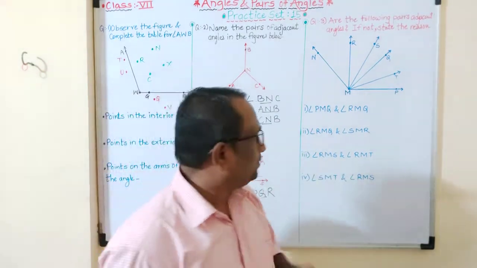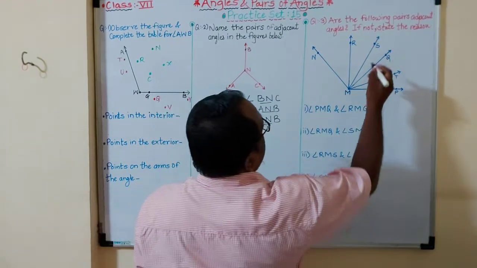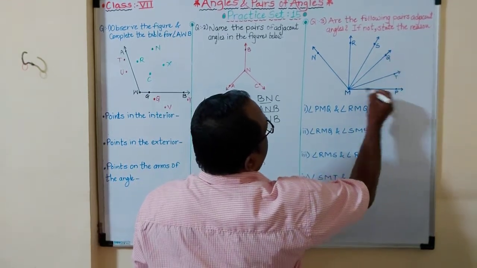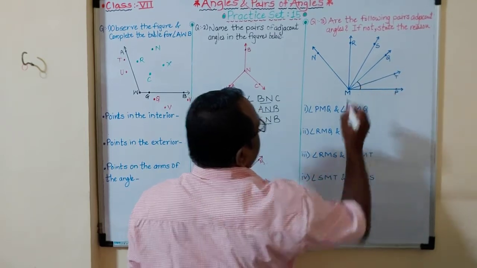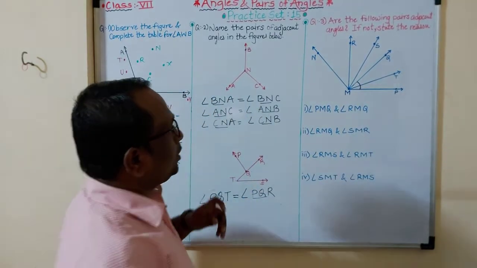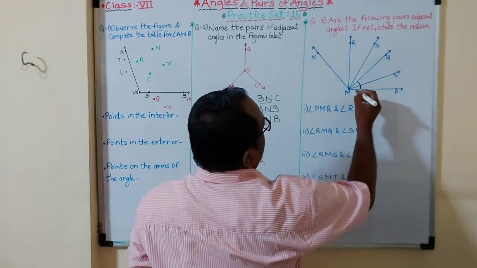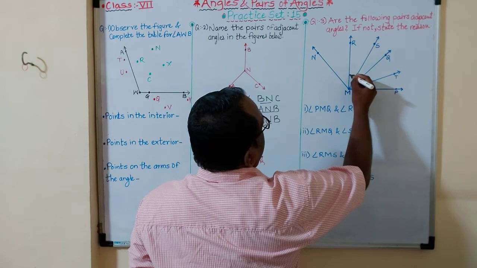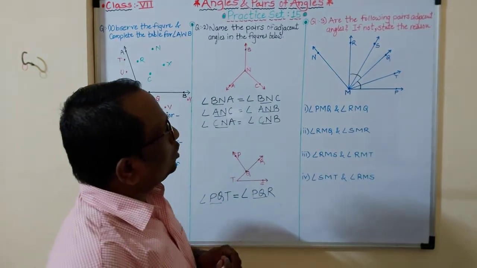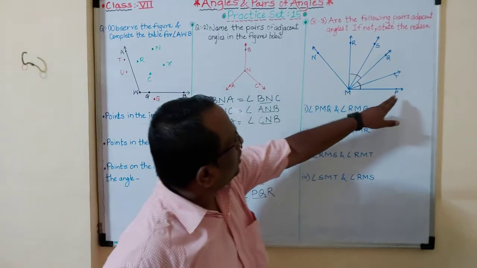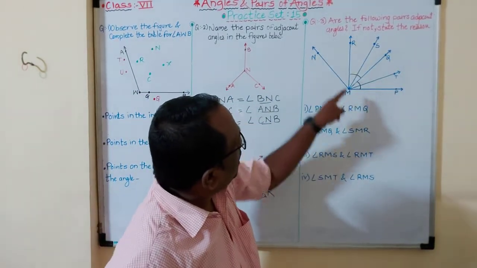Let's see the first one. Angle PMQ. Where is angle PMQ? P, M and Q means this angle. And angle RMQ. So students, PMQ and RMQ.